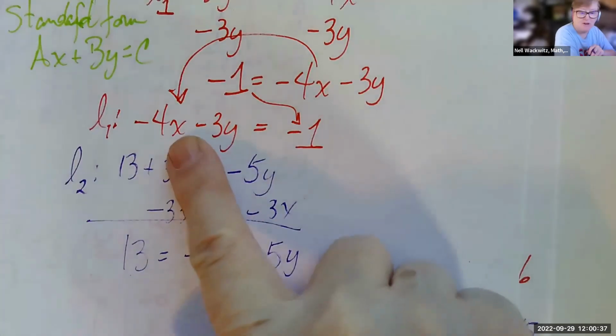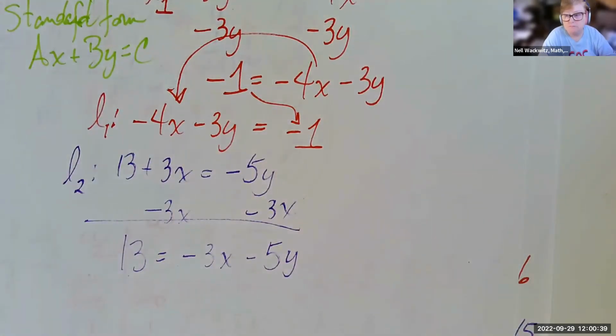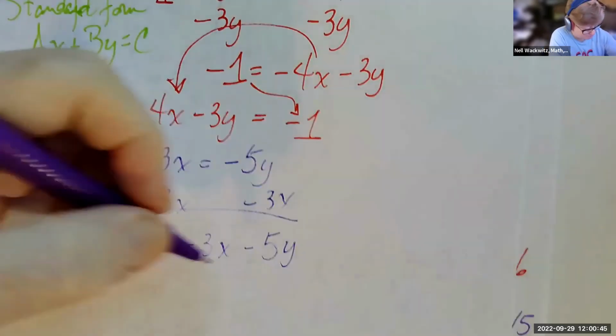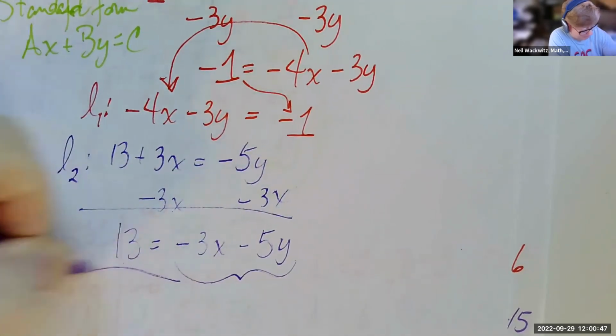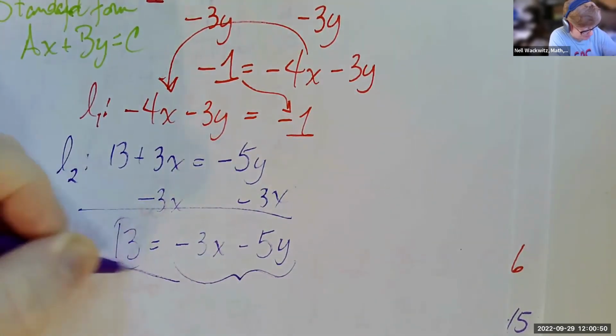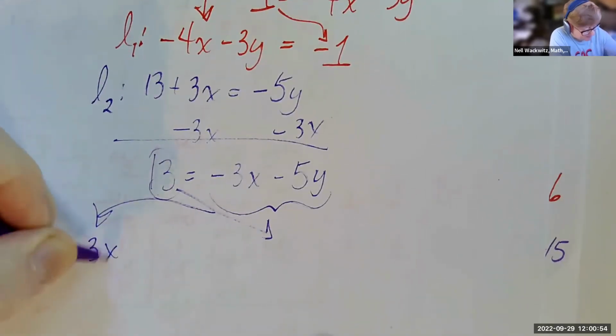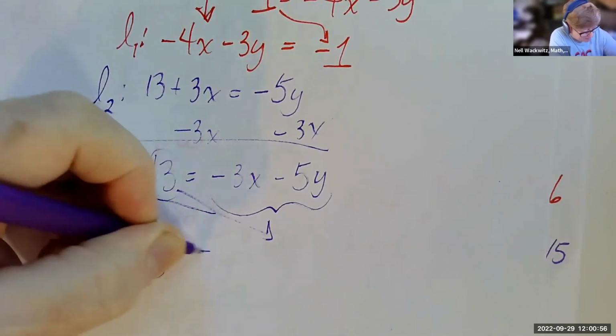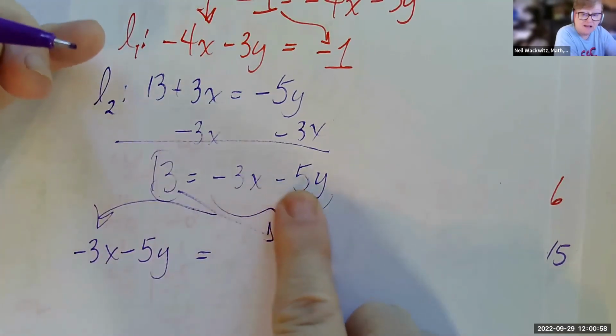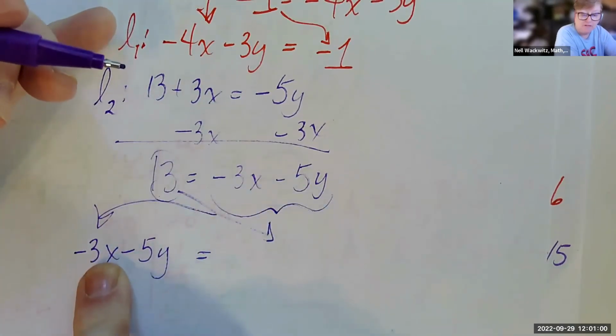Can we do this here? Exactly right. So now we've got 5y. I'm ready to move everything to the left side.